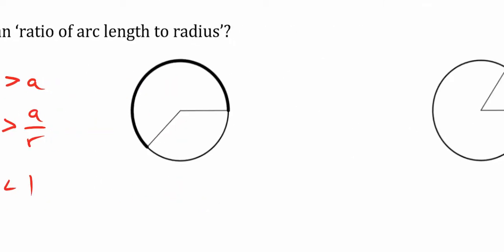So what's happening here? Got a big arc length. So if this is A and this is R, in this case, I think we can agree that A is greater than R. Yeah? Divide both sides by R. I get A over R is greater than 1.